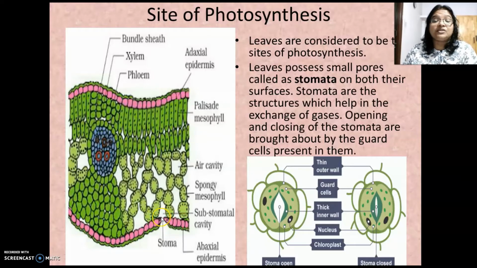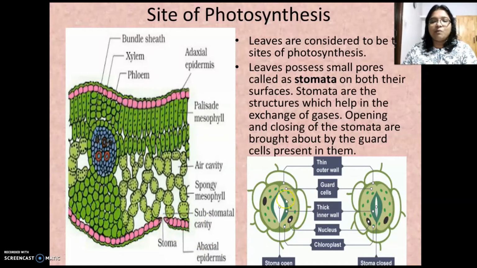And stomata are meant for the gaseous exchange. See the structure of the stoma? It's meant for the exchange of gases. These are the openings on the surface of the leaves, which are meant for the exchange of gases. And stomata are present both on upper and lower epidermis, but the number of stomata is more at the lower epidermis.